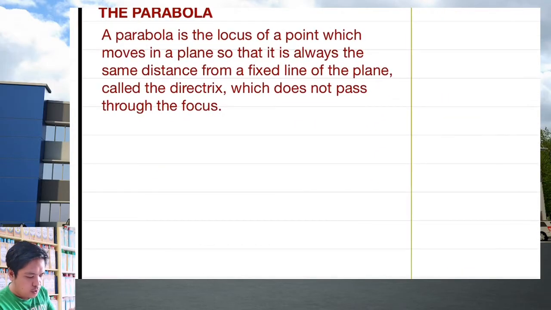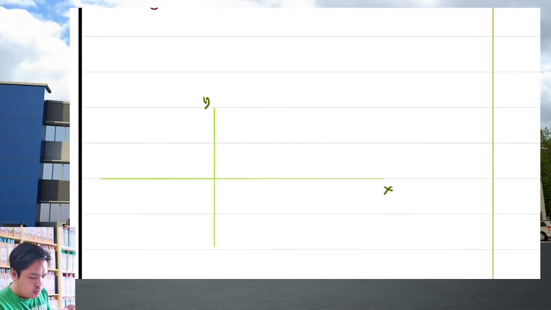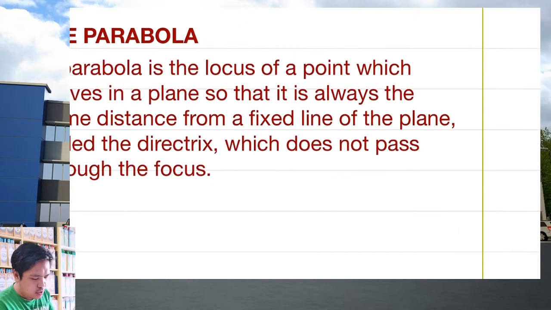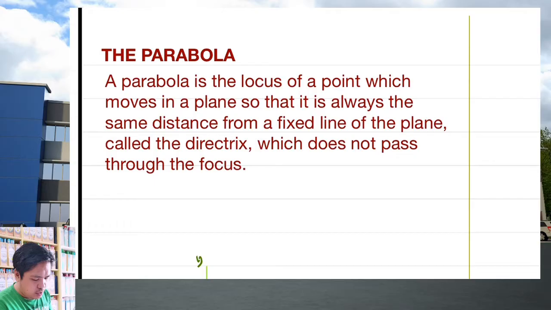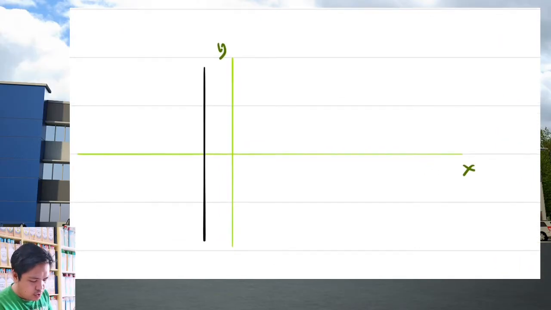So let us draw first a Cartesian coordinate axis, and suppose we have a moving point which is always, as the definition says, at the same distance from a fixed line of the plane and the focus. Okay, suppose this is our fixed line. This fixed line does not pass through the focus.